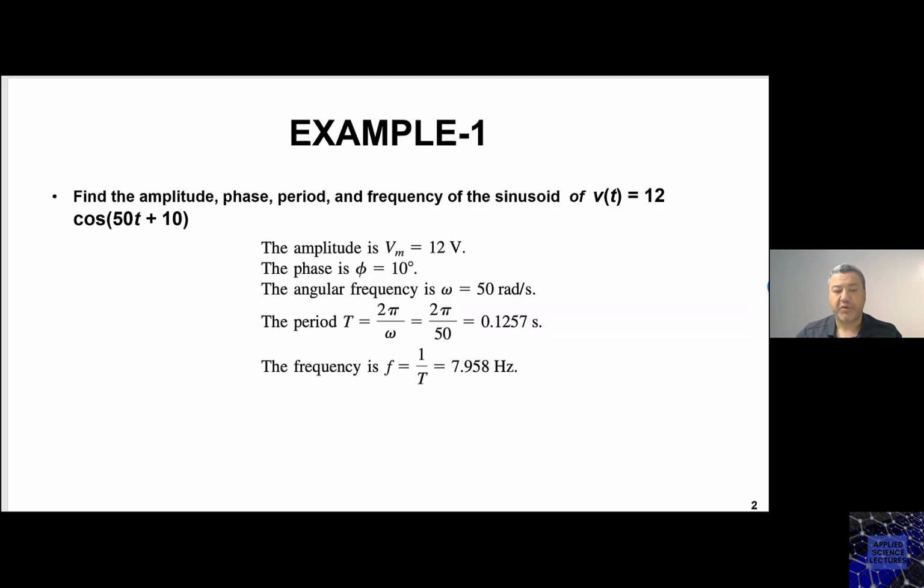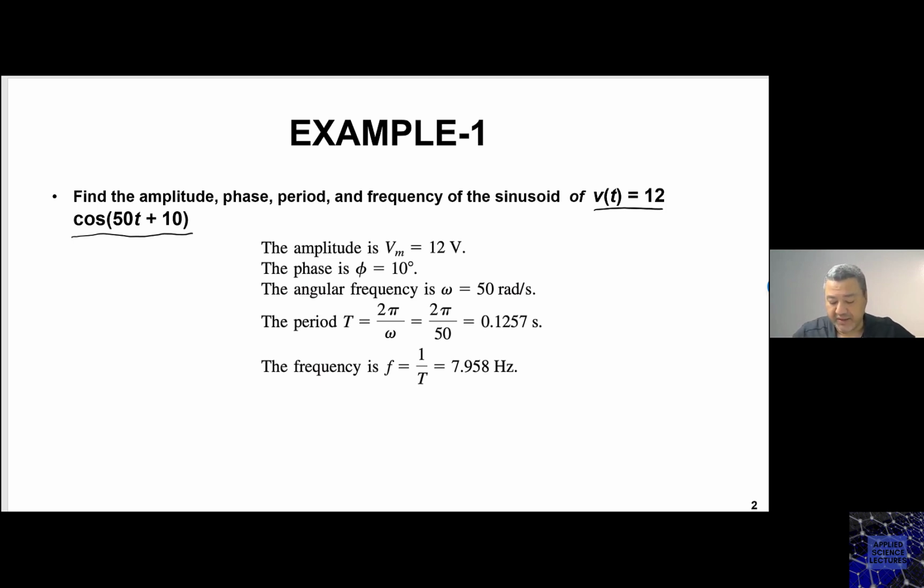So at the beginning, we will refresh your memories about terminologies used in AC signals. Here we have a time domain AC signal. It's a cosine signal. We will be using the cosine as our reference when it comes to the sinusoidal signals.